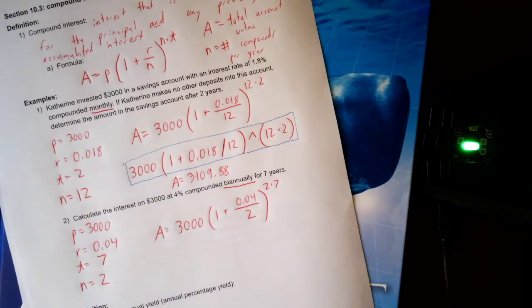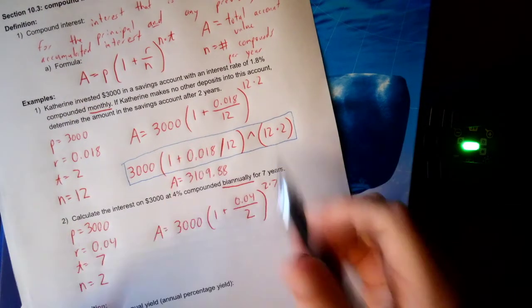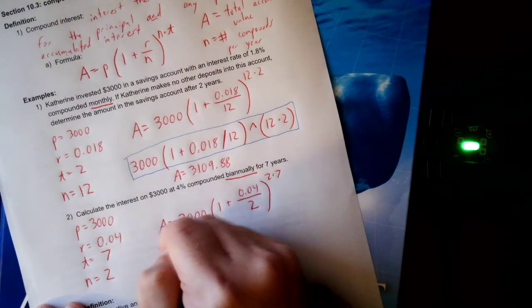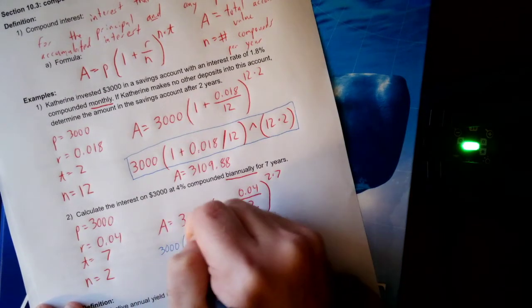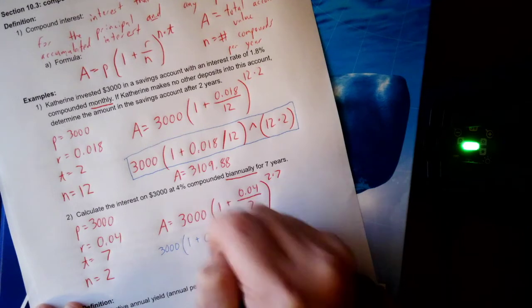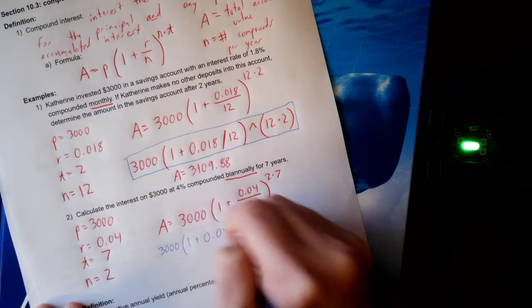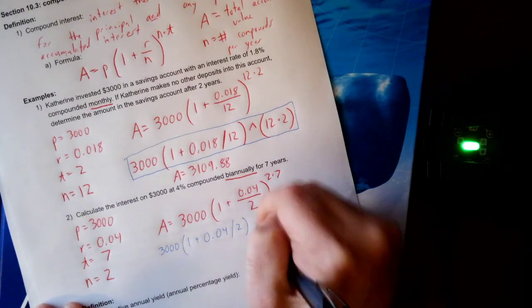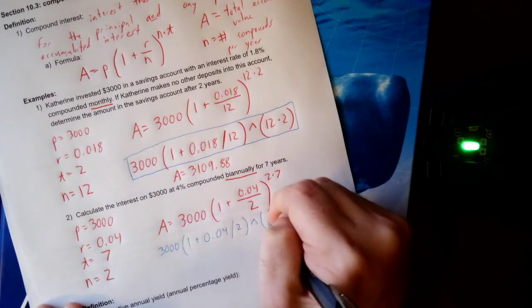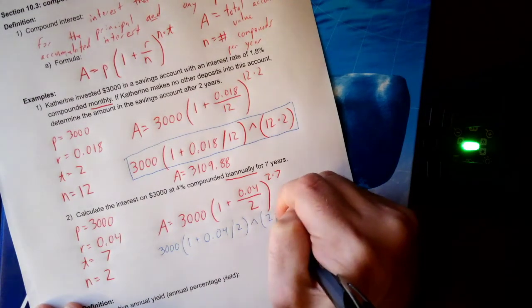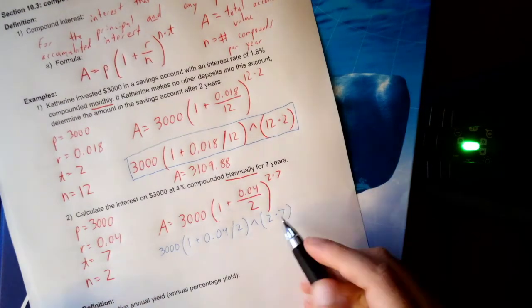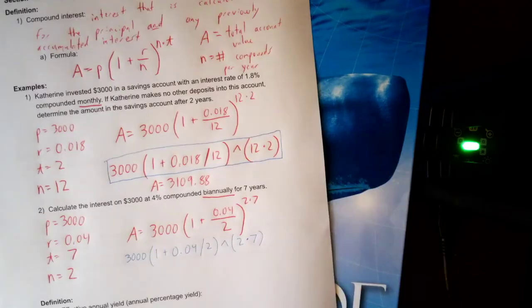Which I could type into Google, just like above, by typing 3,000 times 1 plus 0.04 divided by 2, parentheses, caret symbol, parentheses, 2 times 7. The times key can be the asterisk on your keyboard, right? The asterisk is the times key, or if you're using the Google calculator, you can type the multiplication symbol. You could type this in.